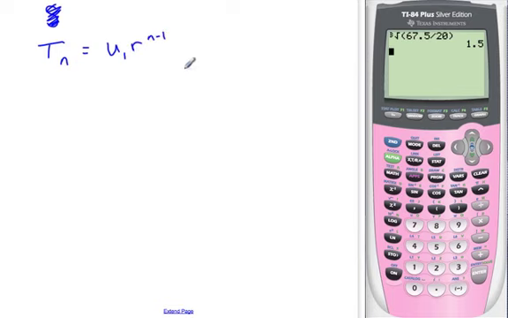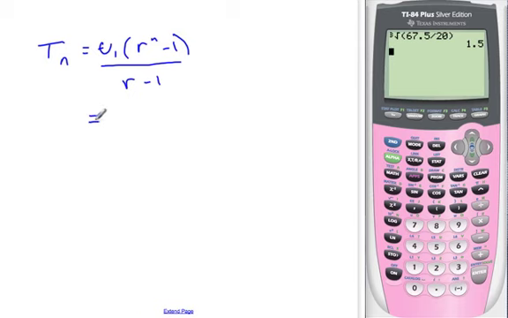That's just the term. I want the sum of a sequence, so it's not going to be that. Okay, the sum of a sequence is going to be given by u1 r to the power of n minus 1 divided by r minus 1.